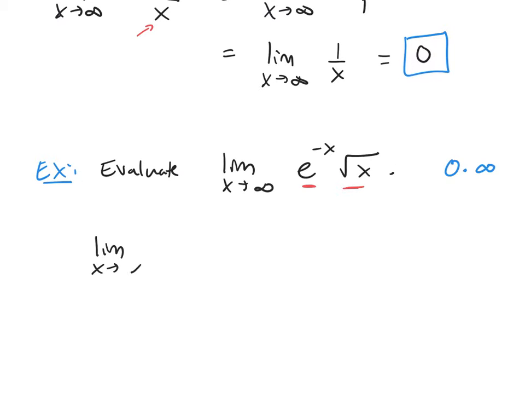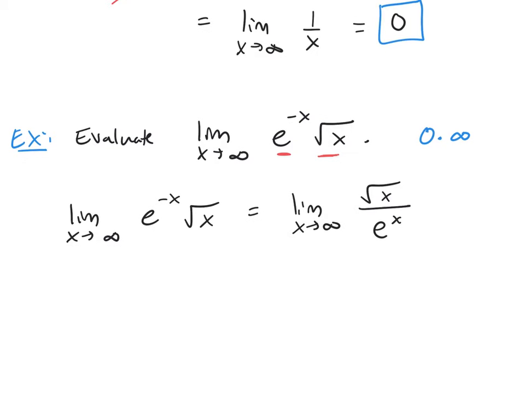L'Hopital's rule has a division going on. It has a numerator and denominator. So what we're going to do is move that e to the negative x to the denominator. It'll become an e to the x. Now if you look at this limit, in the top you're getting infinity, and the bottom you're getting infinity. So now you can use L'Hopital's rule.